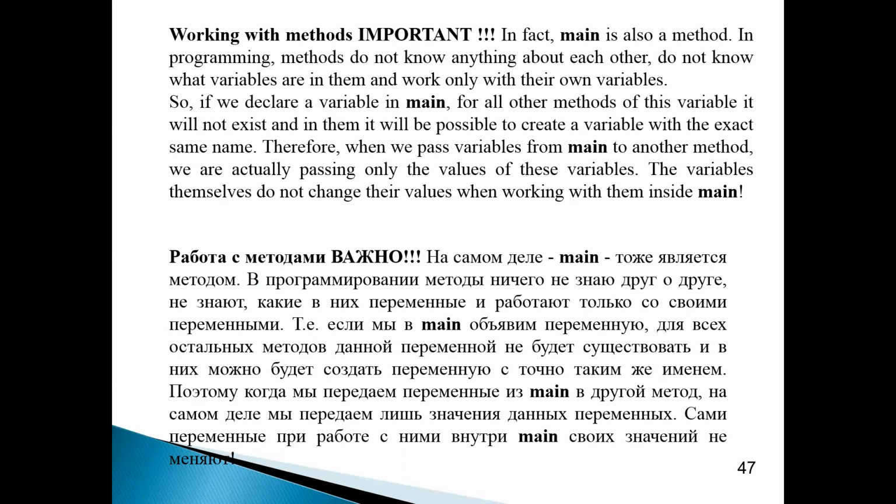So, if we declare a variable in main, for all other methods this variable will not exist, and in them it will be possible to create a variable with the exact same name. Therefore, when we pass variables from main to another method, we are actually passing only the values of these variables. The variables themselves don't change their values when working with them inside main.